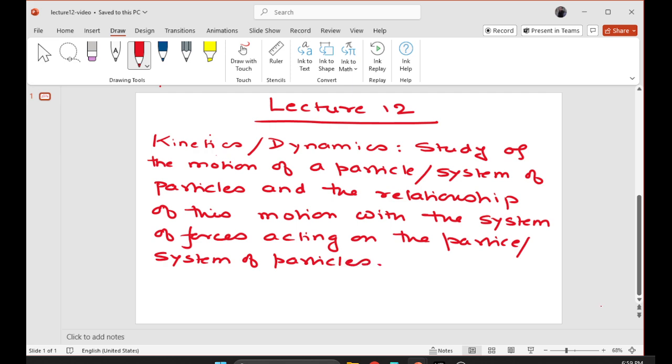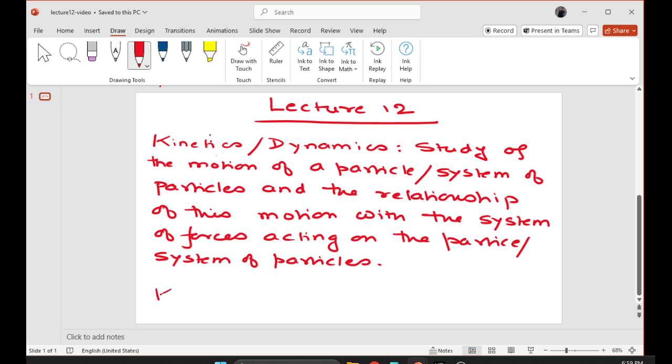This is the definition we had earlier: study of the motion of a particle or a system of particles and the relationship of this motion with the system of forces acting on the particle or that system of particles.